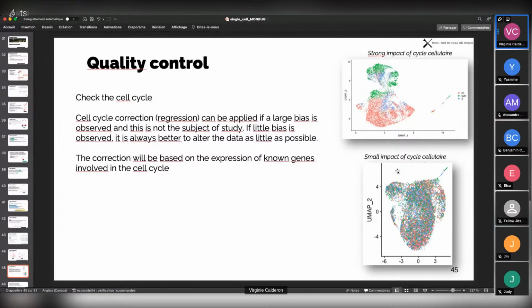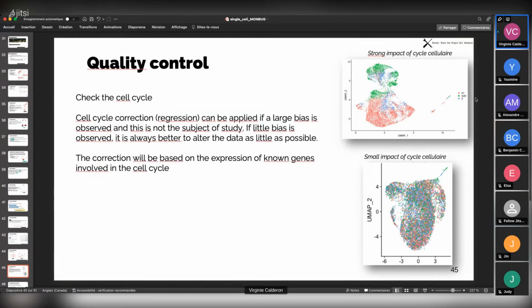So you can have cells in the G1 phase or in G2M or S. That's something that can be interesting depending on your biological process of interest, or that's something that can annoy you because you want to synchronize your cells to be able to compare them whatever phase of the cycle they were in. So we can check this.